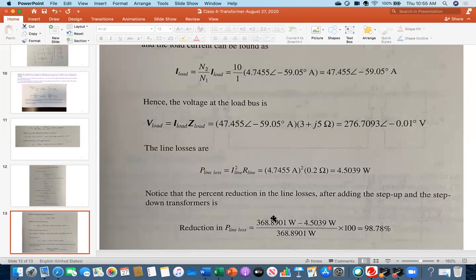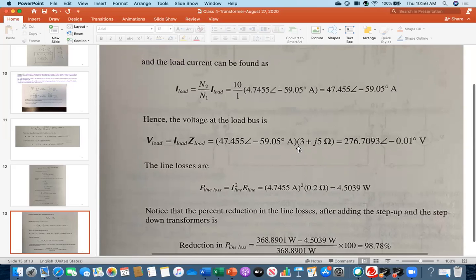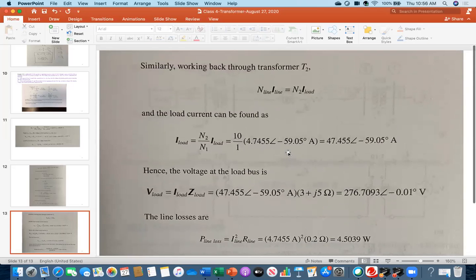What was the loss before connecting the transformer? What is the new loss? Taking the percentage with the original loss, 98.78% of the loss has been reduced. Anyway, everybody, could you follow this one?